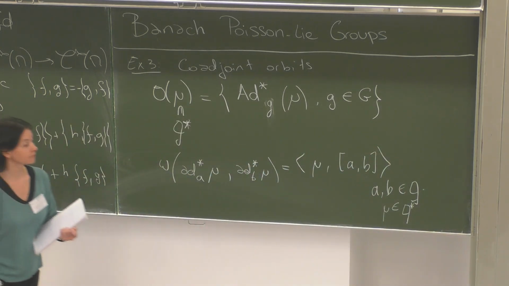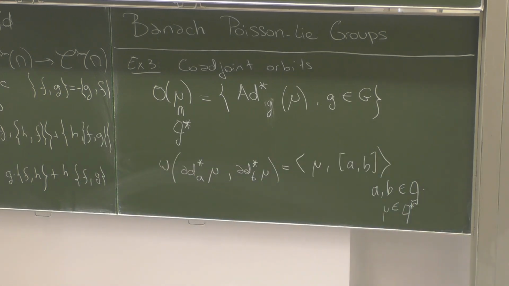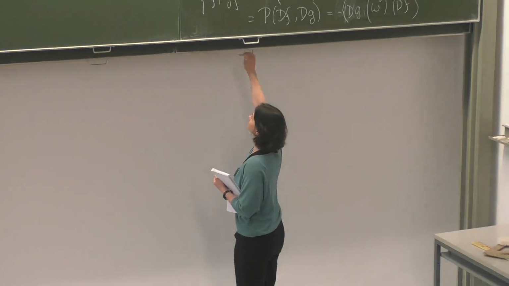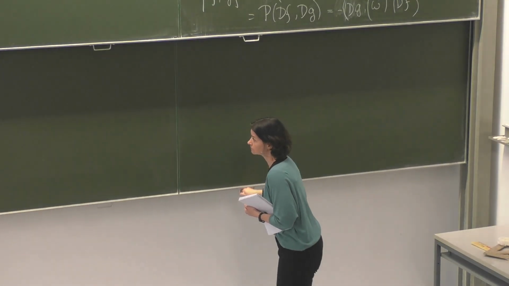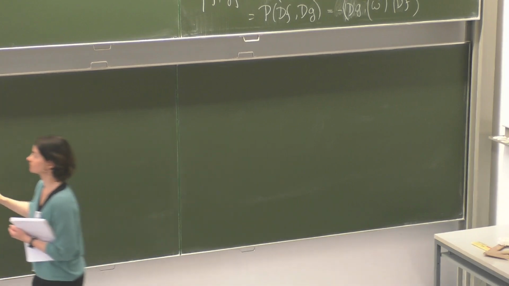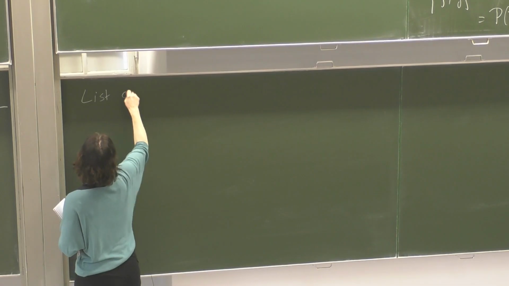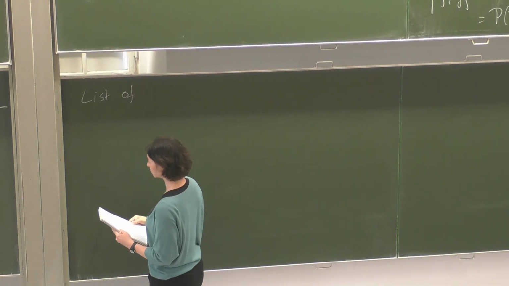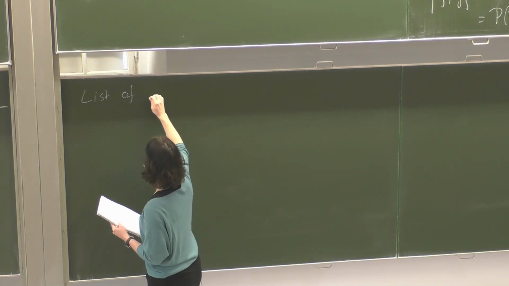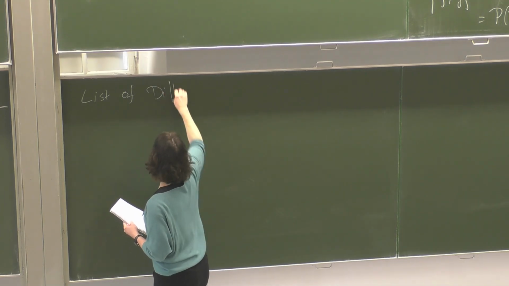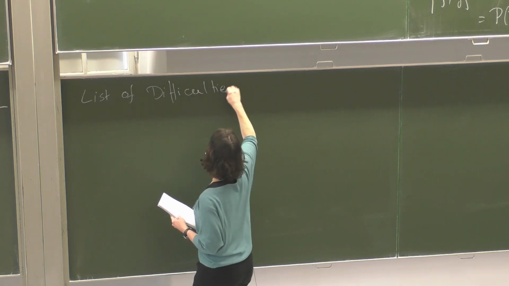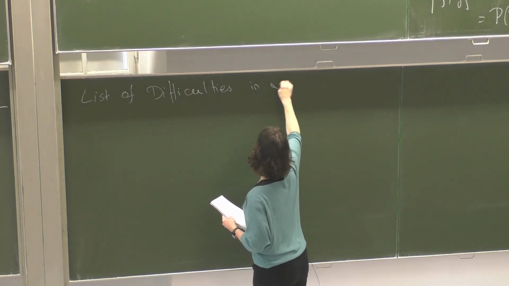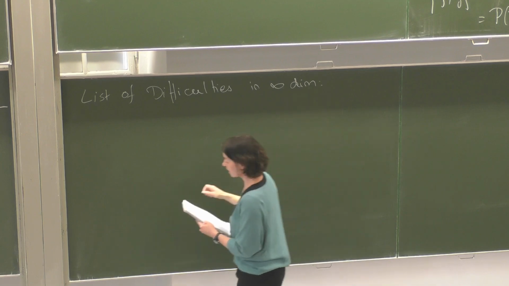So let me make a list of difficulties in the infinite dimensional setting. I don't know if I will go to the slides, but it's not a problem because there is another talk about this topic tomorrow. List of difficulties in infinite dimensions.